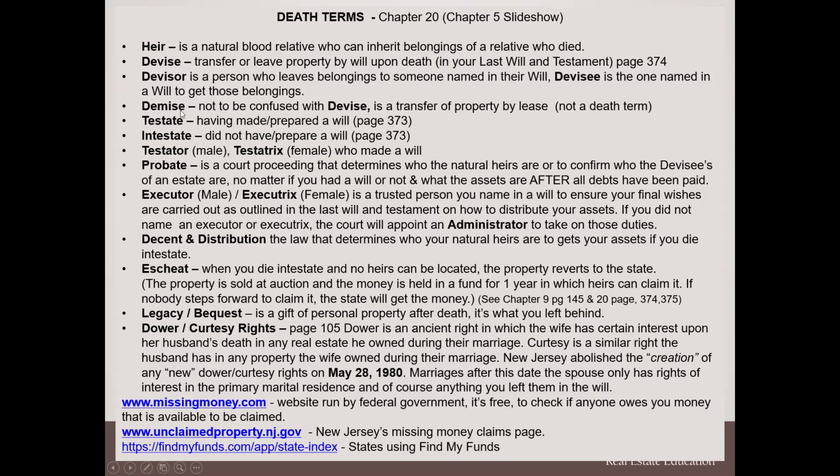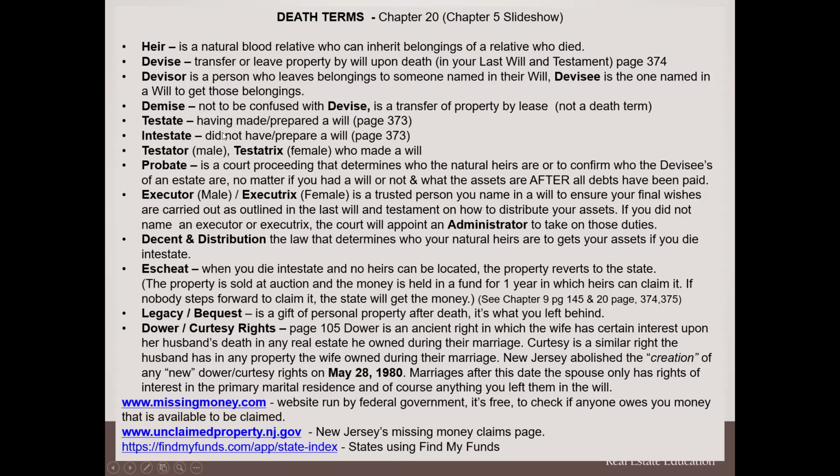And this is not a death term, but I put it here because so many people mix up demise and devise. It's one letter difference there, right? Demise, devise, and people get confused with it. But demise is a transfer of property by lease.